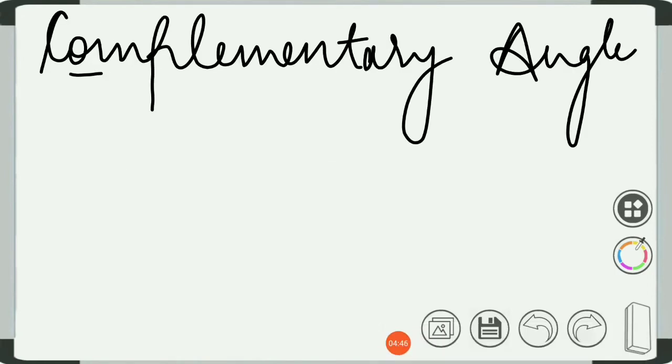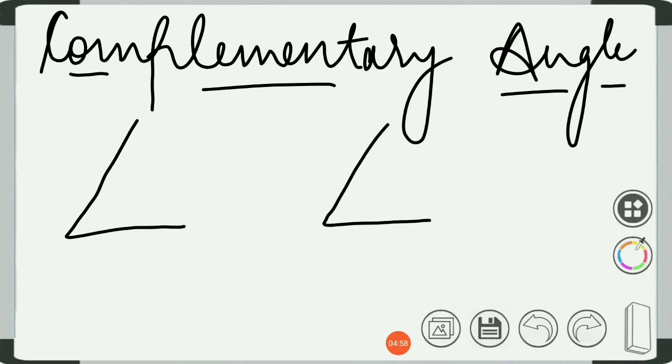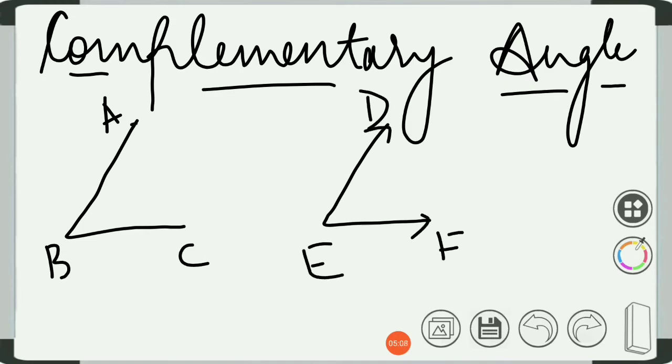Now complementary angles. What are complementary angles? Two angles are said to be complementary if the sum of their measures is 90 degree. If I make two angles here, angle ABC and angle DEF, they are complementary when the sum of their measures is equal to 90 degree.